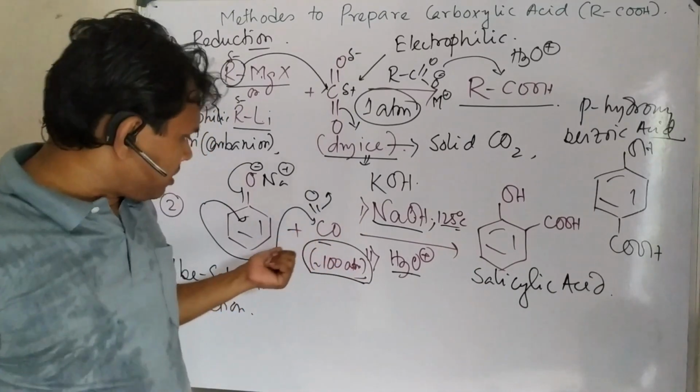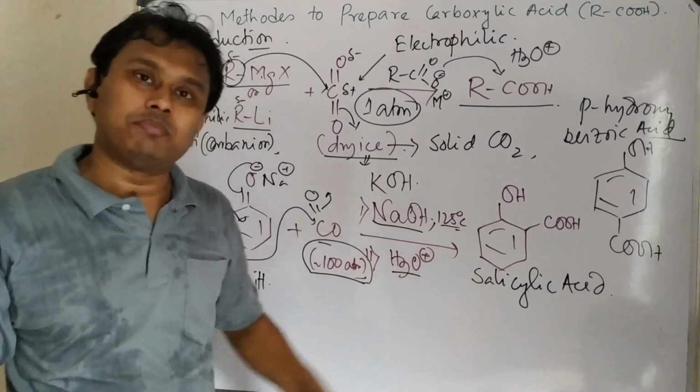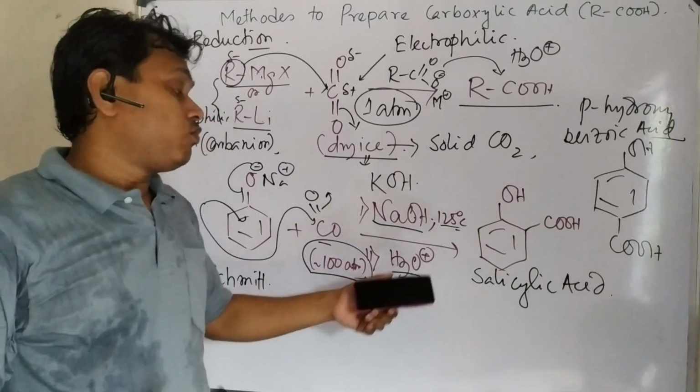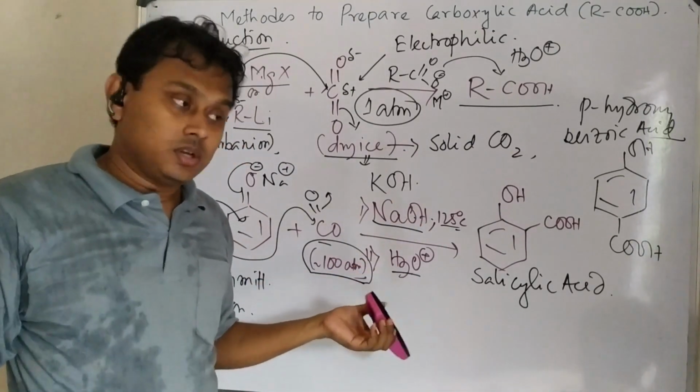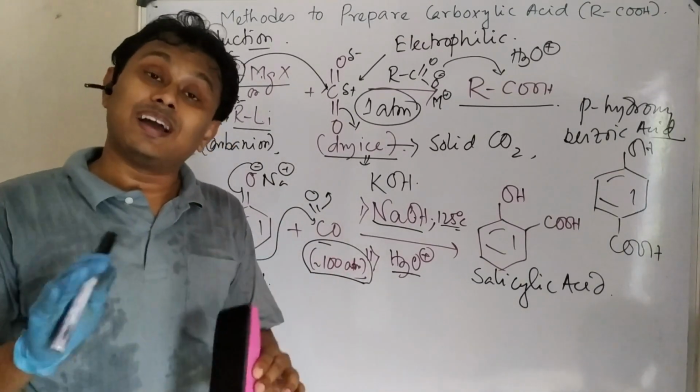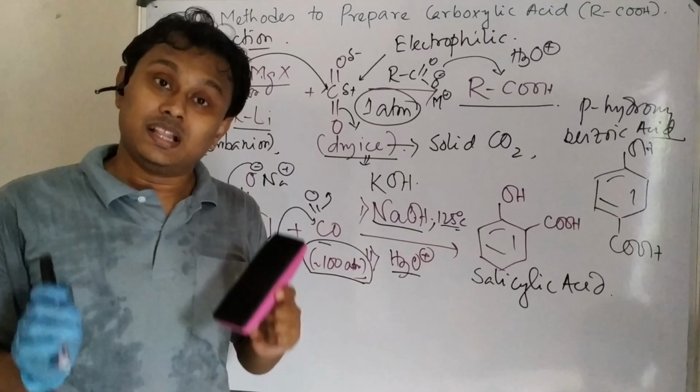And this Kolbe-Schmidt reaction is good, but the disadvantage is the high CO2 pressure. But from a chemical waste point of view, this is safer. So we need to think about how to fix CO2 under milder conditions. This is essential.